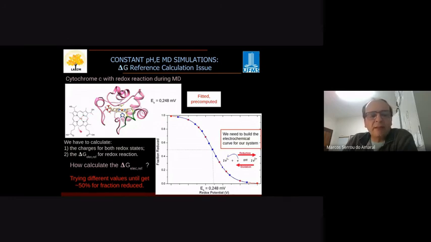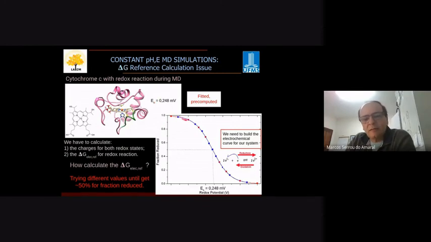For this system, you need to run this protein with the heme in the middle, and the electrochemical half potential for the system is 0.248 millivolts. Okay, so you need to run again.